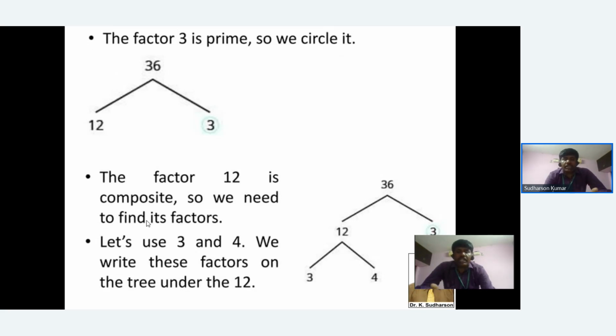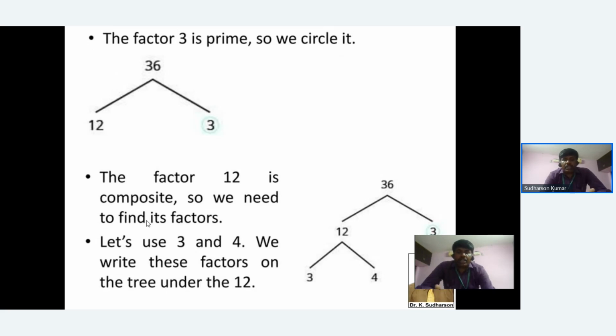So likewise, we can form a factor tree. I repeat, for example, 36: in order to find the factors for 36, you start with the first factor, that is 12 into 3. 12 threes are 36. That is the first factor.